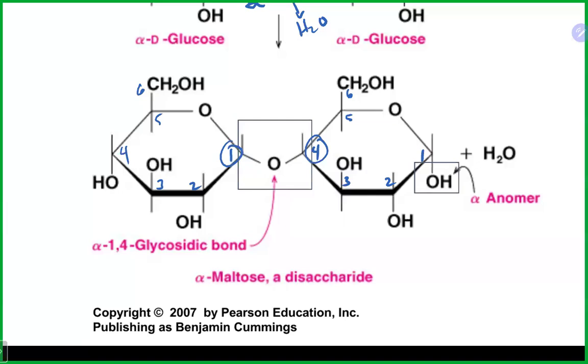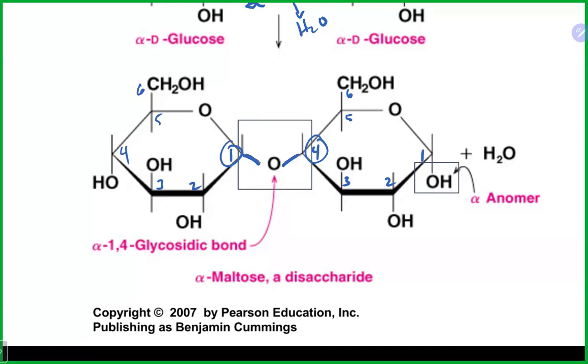Now, alpha means down, right? And if you look at how this bond is drawn, it looks like it's going downward to the oxygen. That's a good way to recognize it, and you'll be able to see the difference. We'll look at a beta bond in a second. Beta looks like it's going up. Alpha, because it means down, will connect in a downward way between the two.